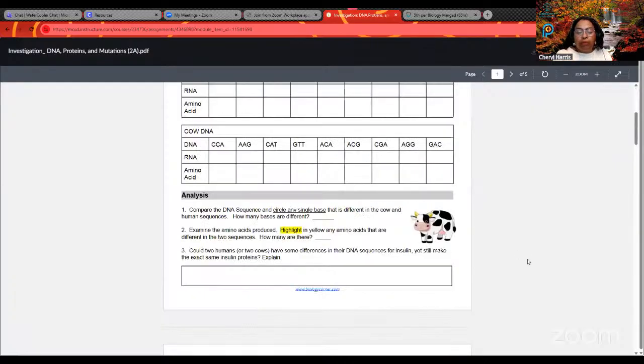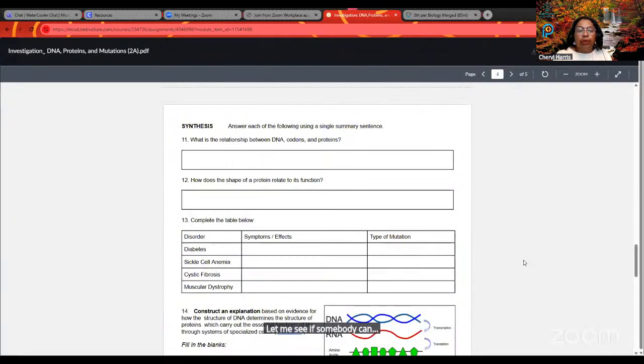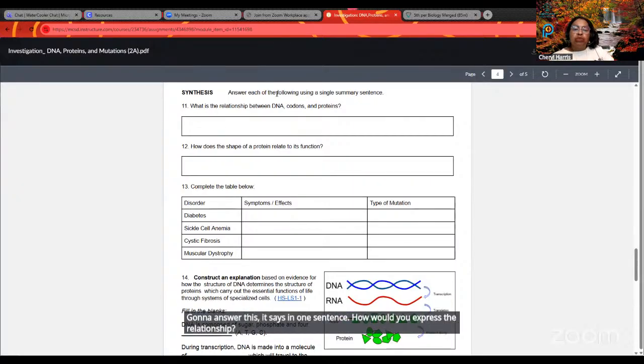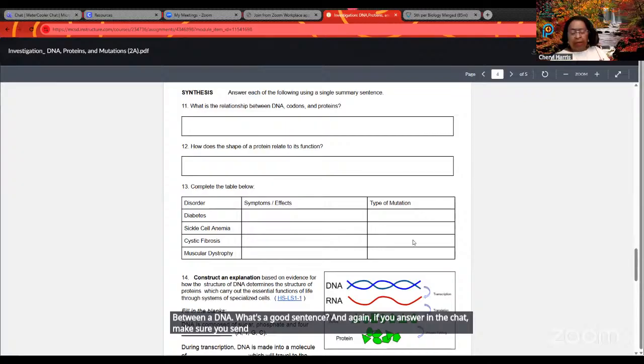All right. Let me see if somebody can answer this. It says in one sentence, how would you express the relationship between a DNA? What's a good sentence? And again, if you answer in the chat, make sure you send it to everybody.